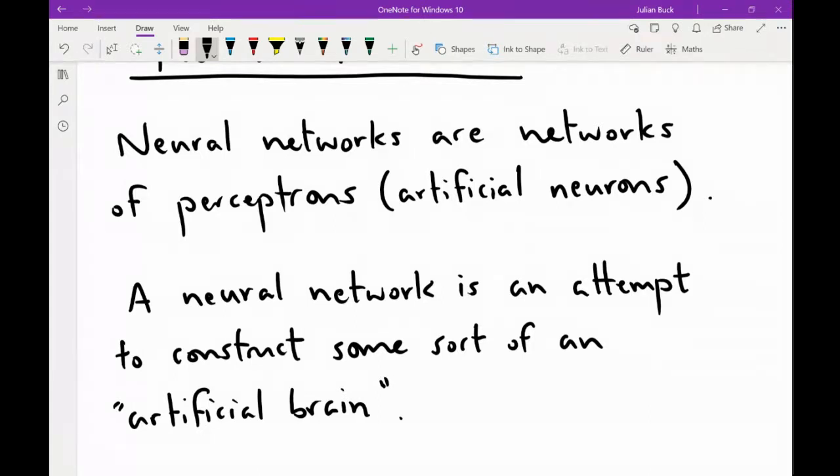Now, as it turns out, they're not quite at that level, even the more complicated ones. Of course, the human brain is an extremely complicated computational object in some sense. But modern takes on, say, artificial intelligence and so forth use a lot of these ideas, but are considerably more complicated than anything we're going to discuss here.